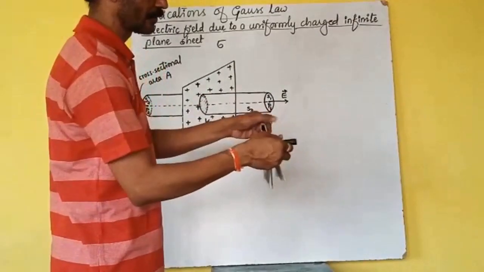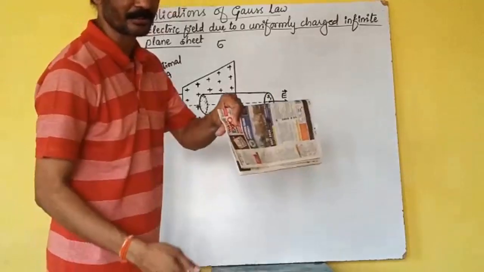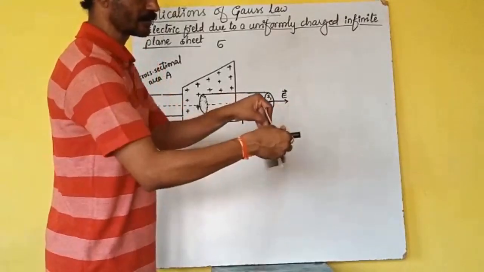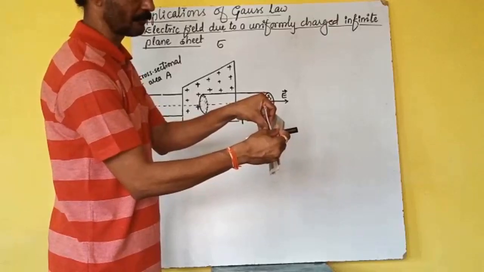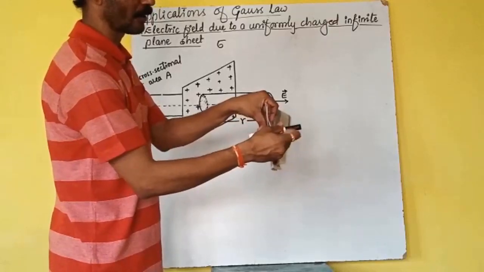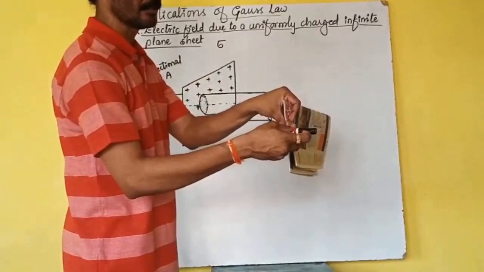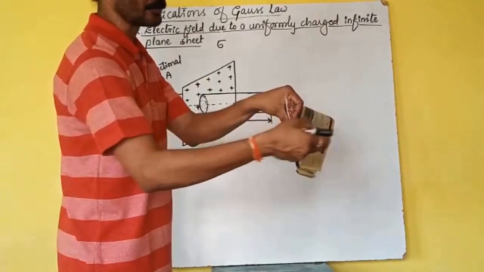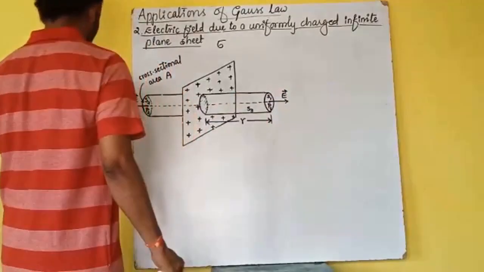This is the cylindrical Gaussian surface of uniform area of cross section A, and this one is the plane sheet. The axis of the cylinder is along its length, which is perpendicular to the plane of the sheet.